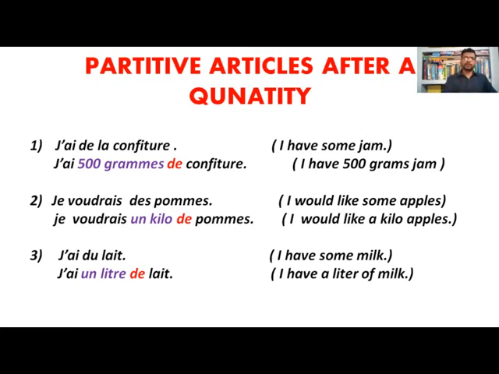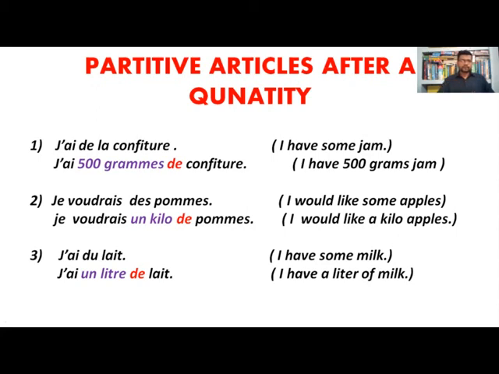Here you will see how the partitive article is changing. Des is replaced by de, and a kilo is basically the quantity you are using before it. Like this, we can see the partitive article with the quantity. Je voudrais un kilo de pommes.